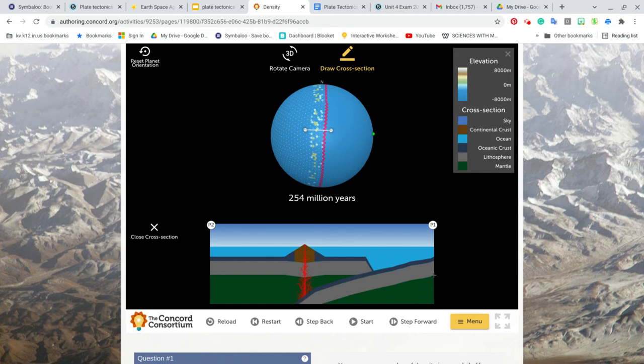We see that the high density is being subducted underneath the low density, and then it's being melted because of the high amount of heat as it's being pulled under. This is magma that is being pushed up into the low density crust. You should be able to tell me what's going on.